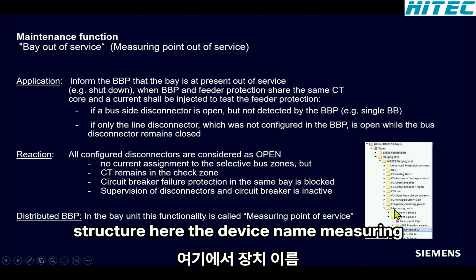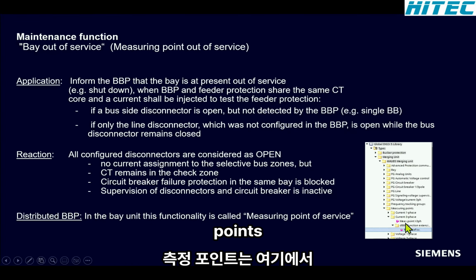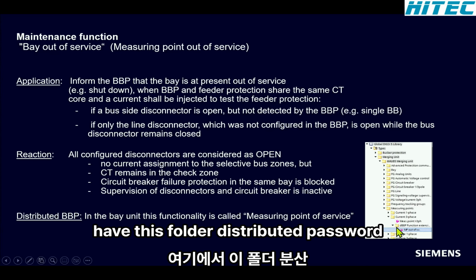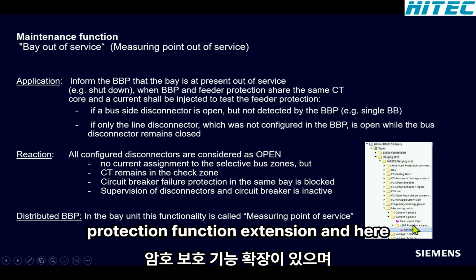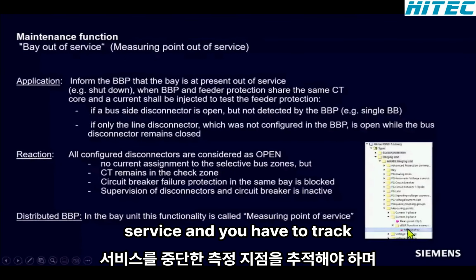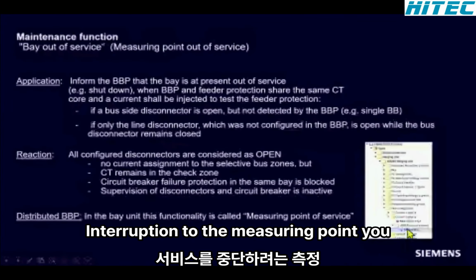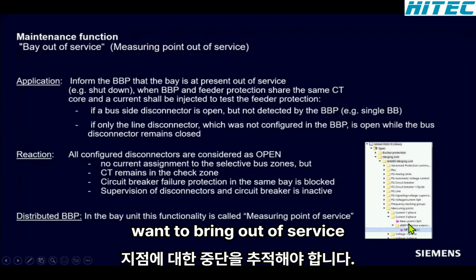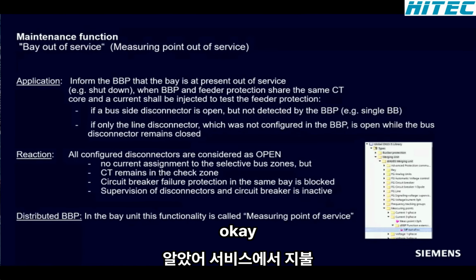Here, the device name, measuring points. Here, current 3-phase. And here you have this folder, distributed busbar protection function extension. And here you find this measuring point out of service. And you have to drag and drop it to the measuring point you want to bring out of service. Okay.